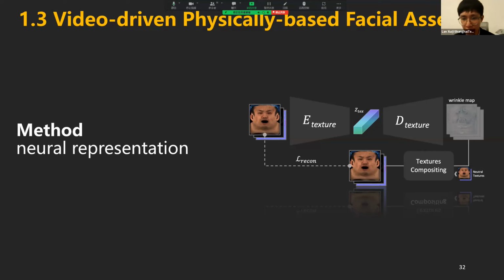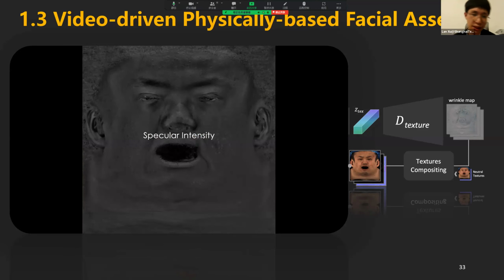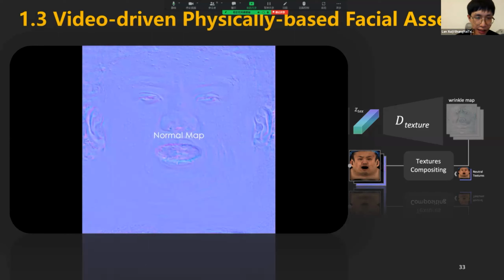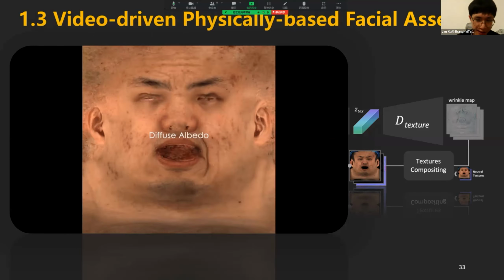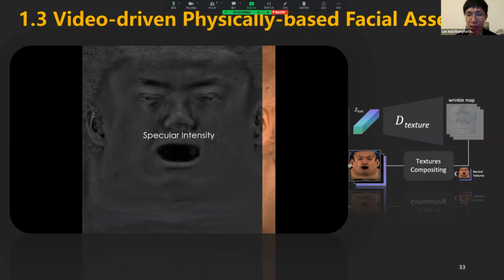This kind of wrinkle map models the shading or the blood flow information according to the motions, according to the expression changes. Our key idea is to model the texture networks to predict the so-called wrinkle map or bump map. The wrinkle map represents the diffuse, specular, and normal changes according to the expressions.